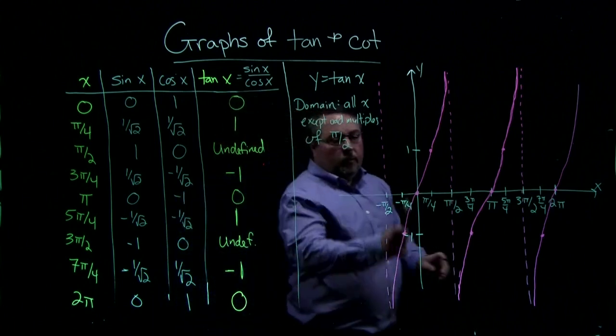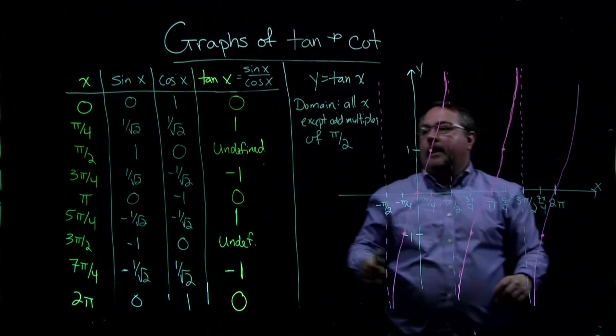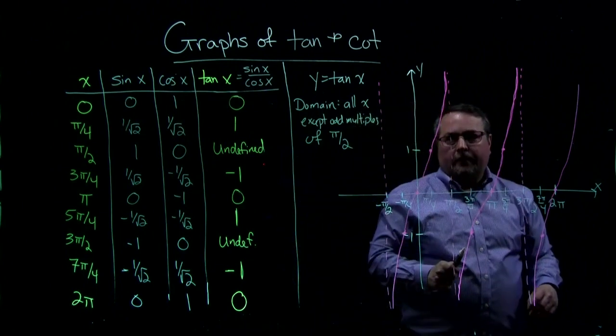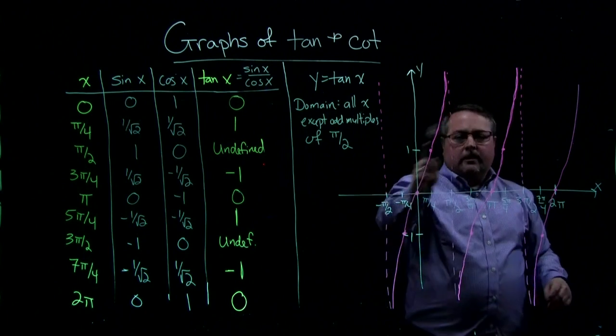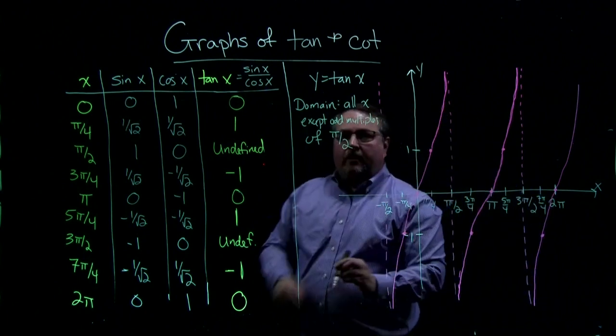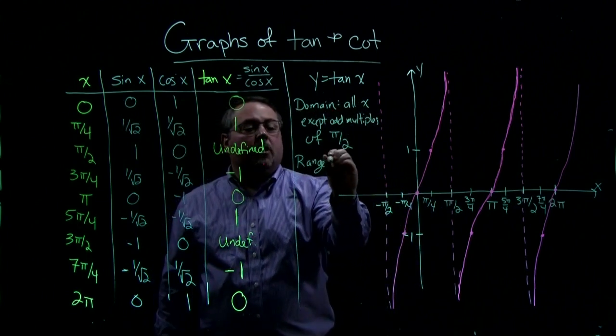Okay, because now we can't have any x values where the cosine of x is equal to 0, because then the tangent will be undefined. Okay, so the graph here has vertical asymptotes, which we didn't have to worry about with the sine and cosine graphs.